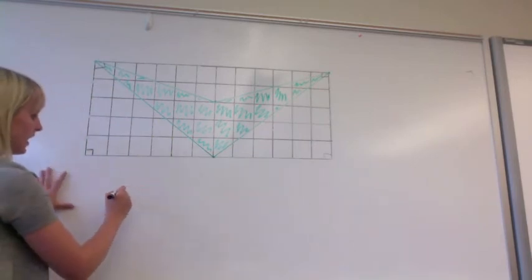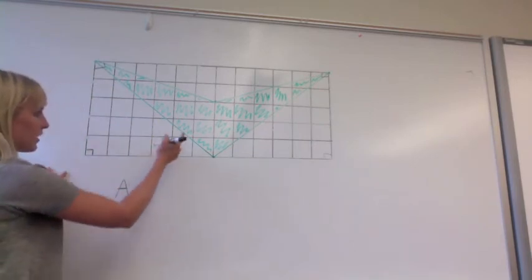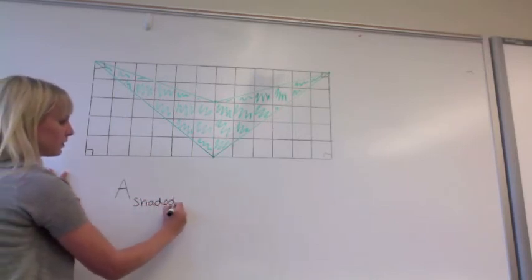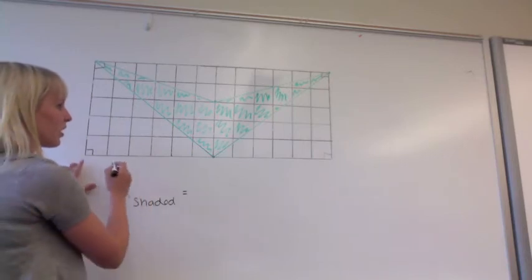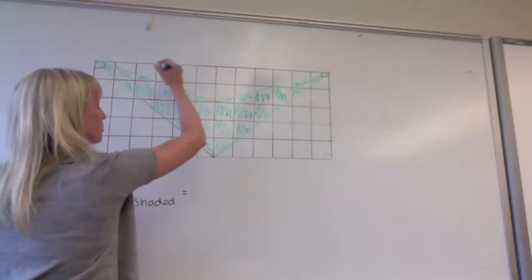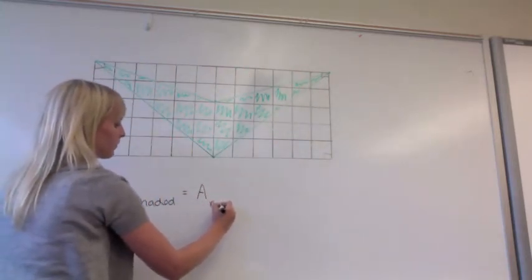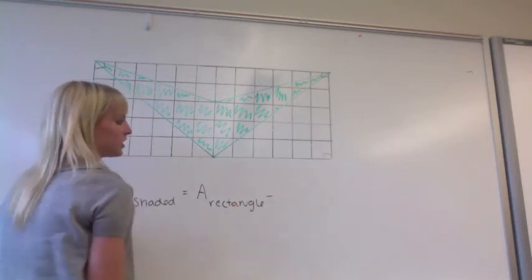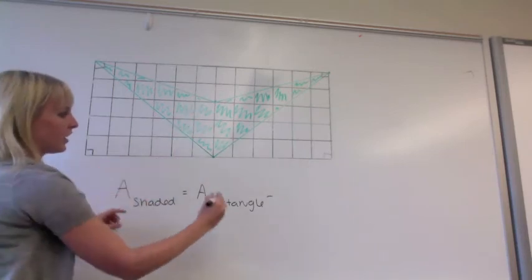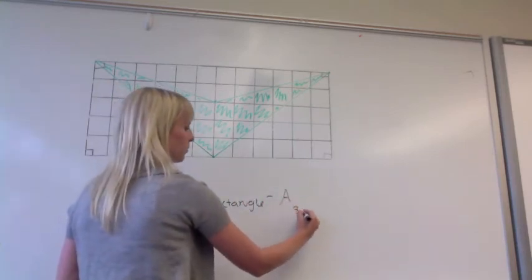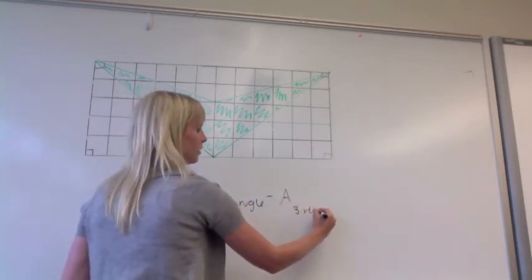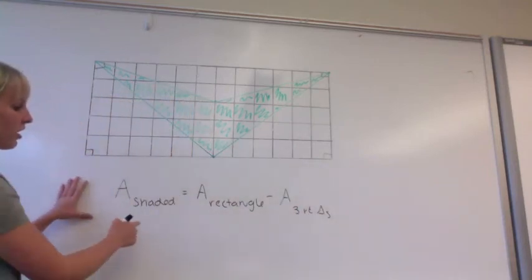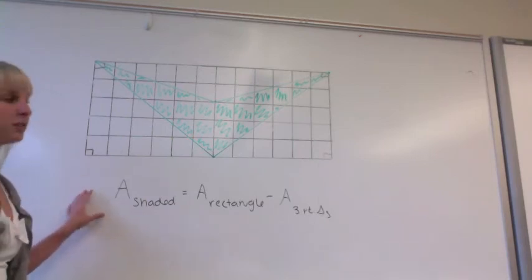So in this case, if we wanted to find the area of the shaded region, we would start with the area of the large rectangle and then subtract the area of the three right triangles. Okay, so let's go ahead and start with finding the area of the large rectangle.